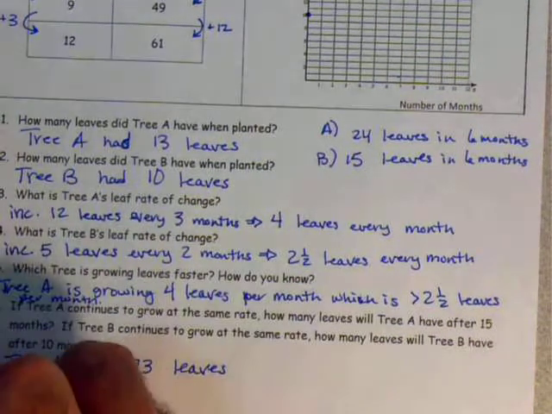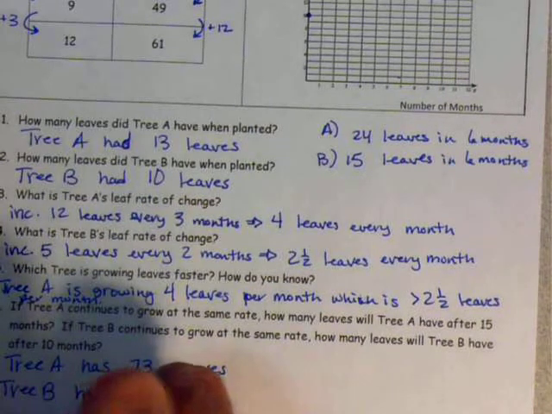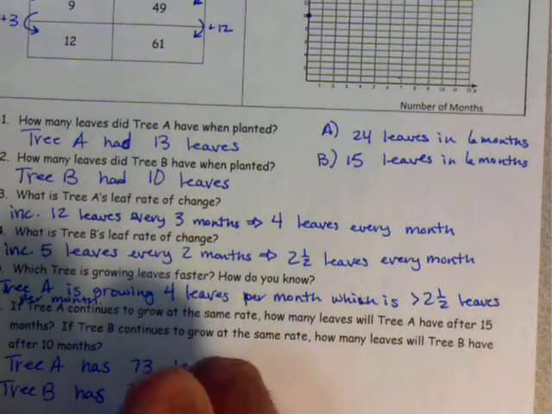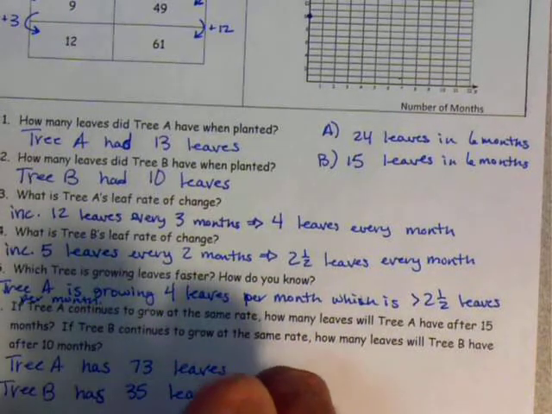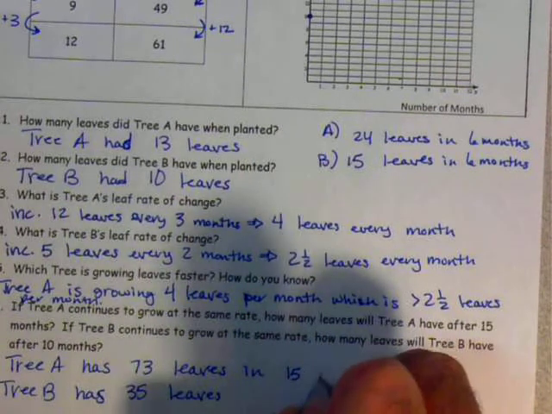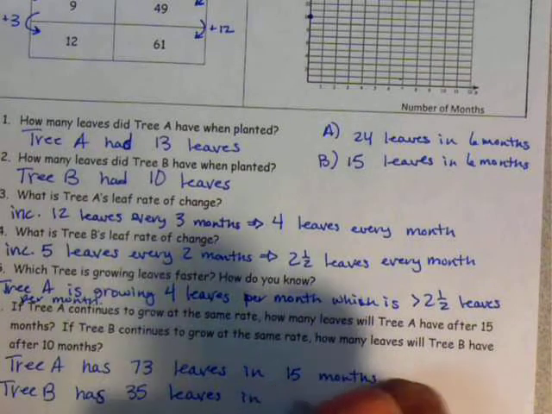Tree B has 35 leaves. This one is in 15 months. This one is in 10 months.